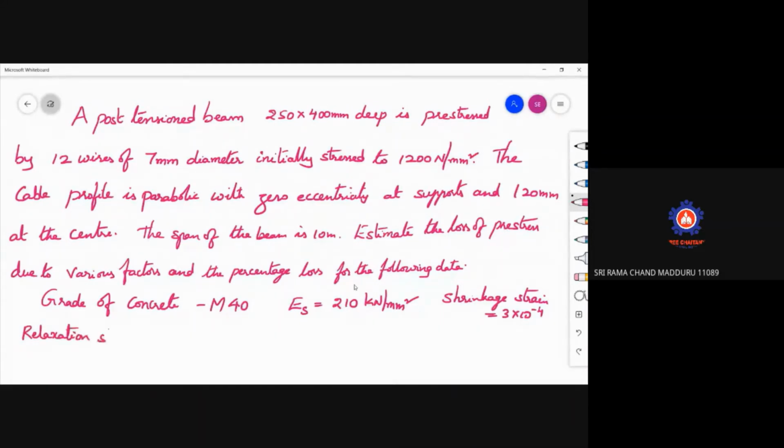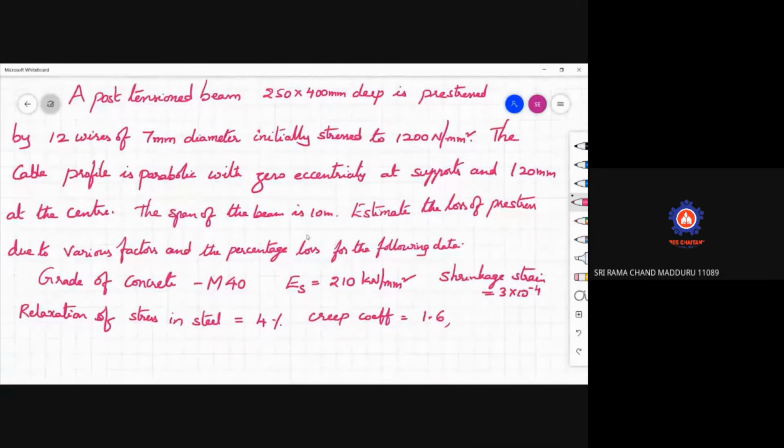Relaxation of stress in steel is 4%. Creep coefficient is 1.6.